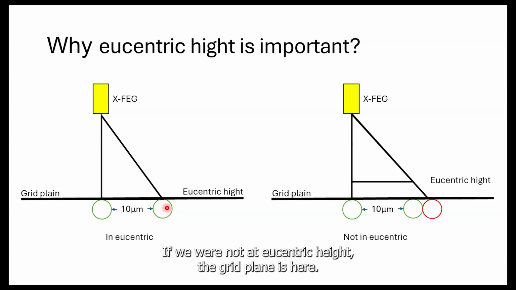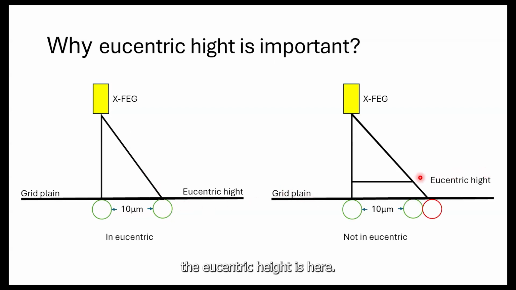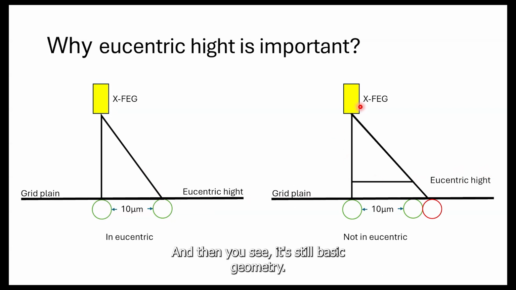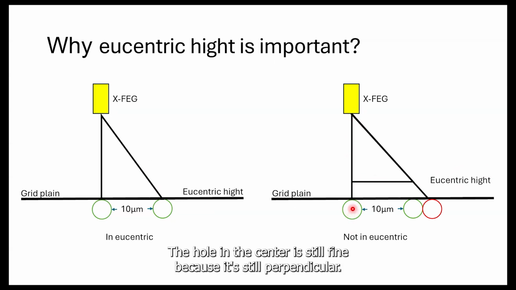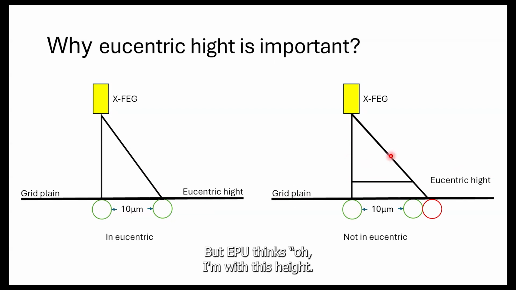But if you're not in eucentric height, the grid plane is here, or the eucentric height is here. It could also be vice versa. The grid plane could be above the eucentric height. And then you see it's still basic geometry. The hole in the center is still fine because it's still perpendicular, but EPU thinks, oh, I'm at this height, so I have to apply this angle to get to 10 microns.